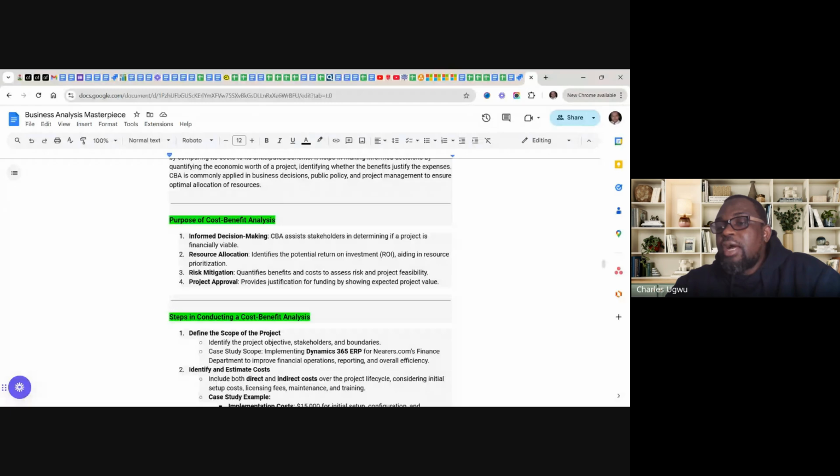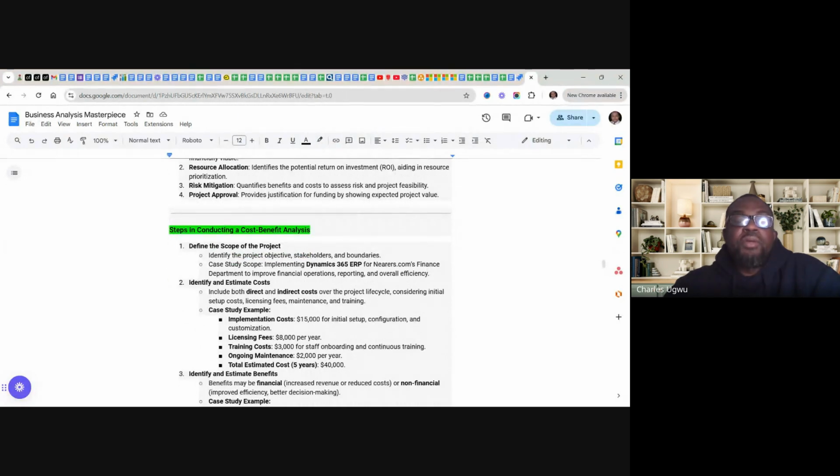So when you are asking for funds, telling them to invest in this project, you talk with authority because you provide justification. So these are the core benefits or purpose of cost-benefit analysis.